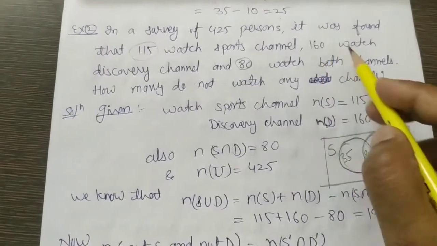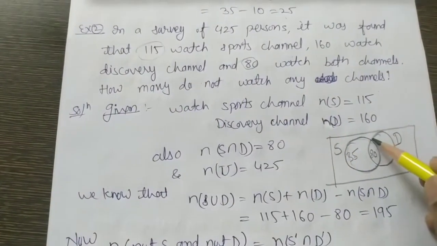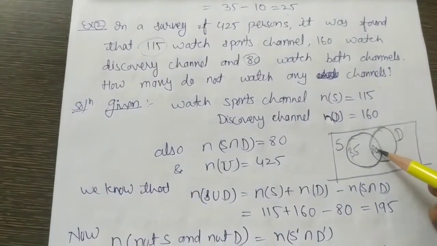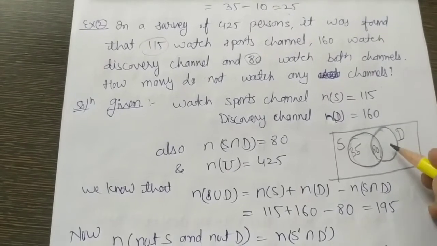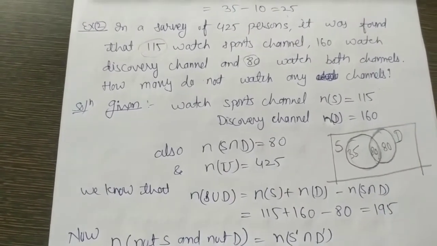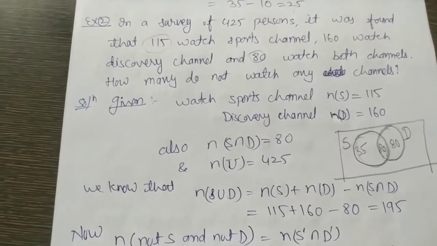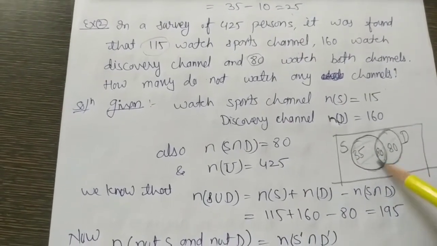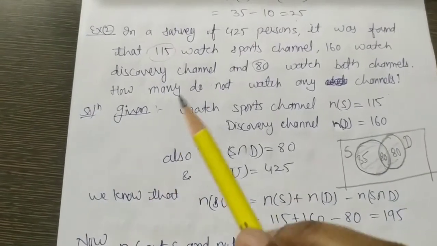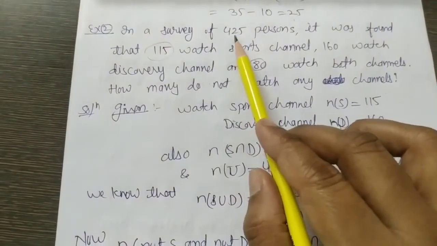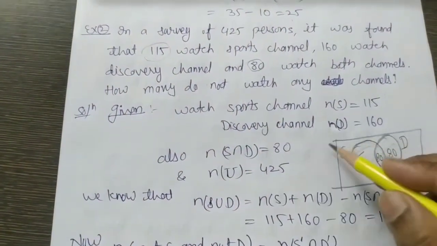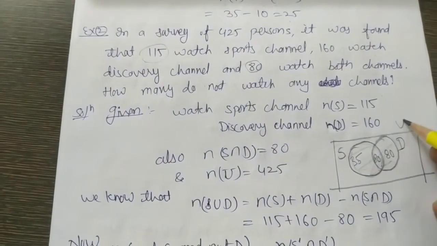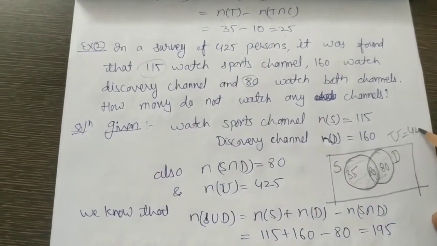And 160 watch Discovery channel. Total is 160. 80 is in this part, so this part will be 80. We can easily find the union. The total number of people is 425, the overall total in the universal set.